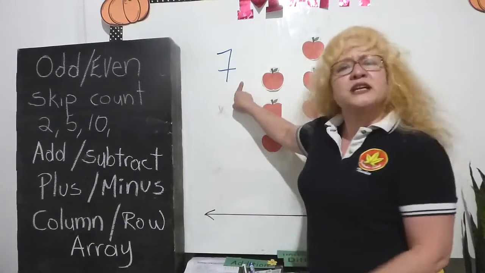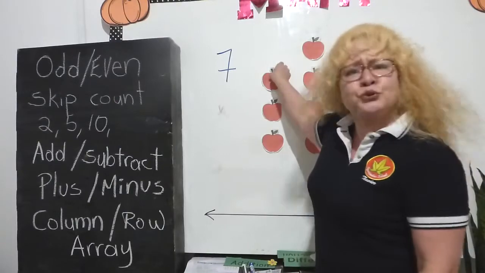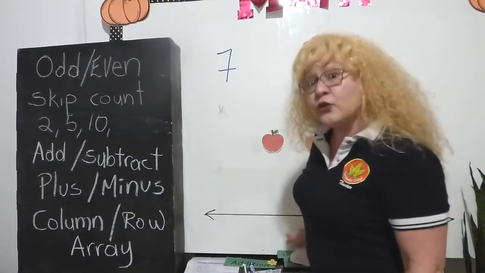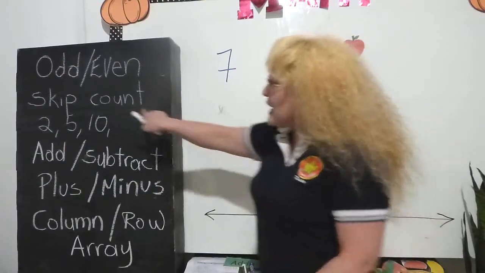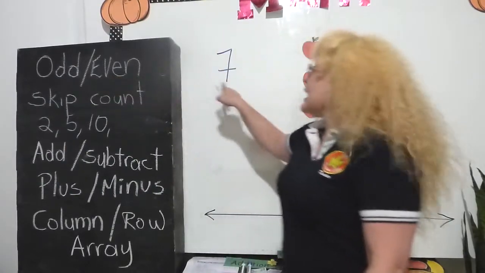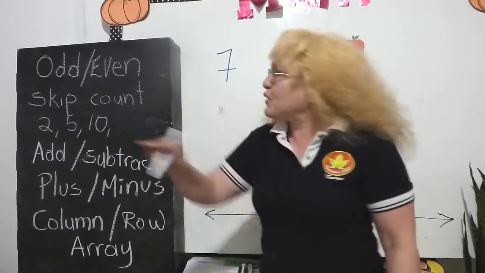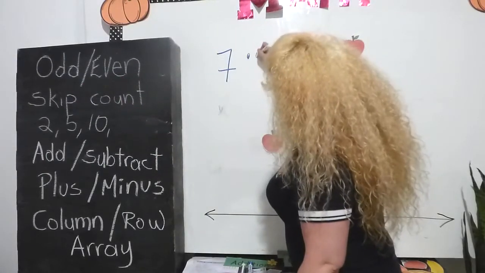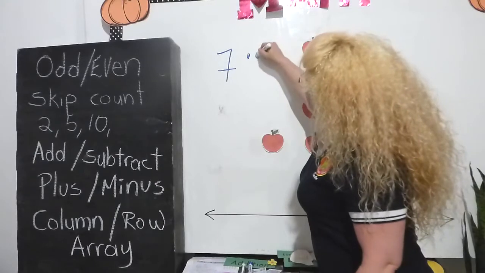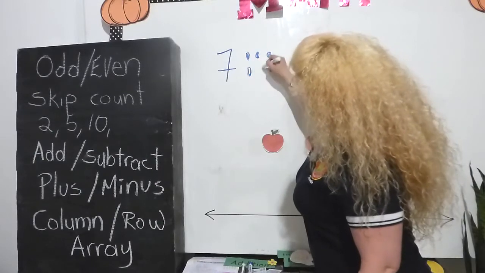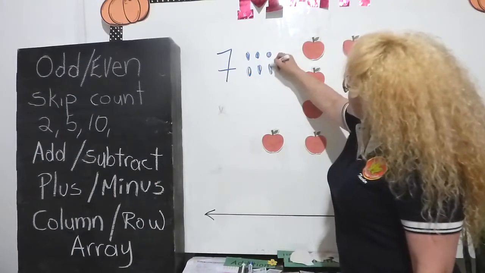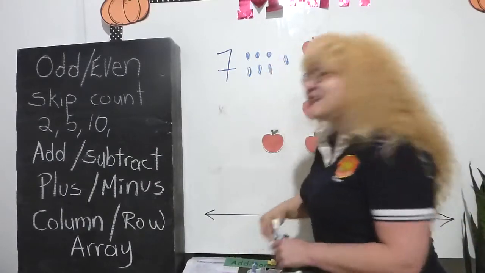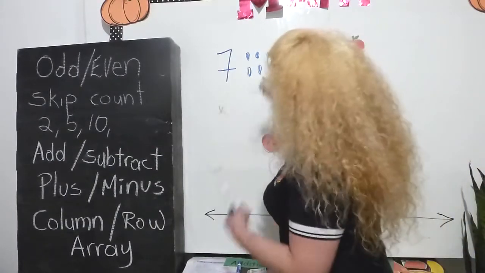Is it even or is it odd? How do you know if a number is even or if it's odd? Because you can make pairs if it's even and you have one left if it's odd. Okay, so 1, 2, 3, 4, 5, 6, 7. I will make my pairs and see if it's odd or even.